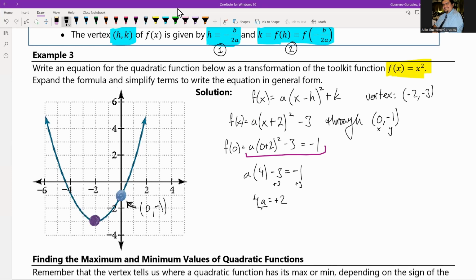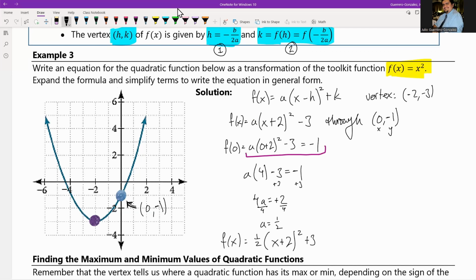And if you divide by 4, a is equal to 1/2. So my equivalent equation is 1/2 (x plus 2) squared plus 3.